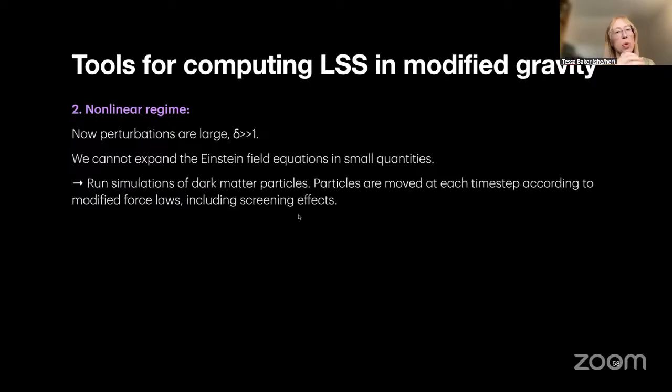And so we do resort to computational techniques, and these simulations will have a field of dark matter particles that will be laid down according to some initial conditions and moved forward in a series of time steps. And according to your modified gravity model, you will have a modified force law between two particles in that simulation. And that includes a description of how this screening effect kicks in.